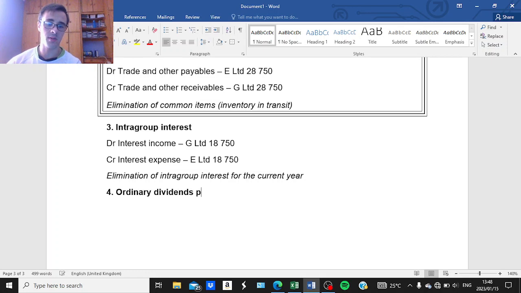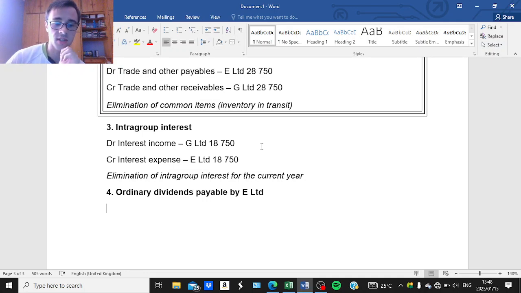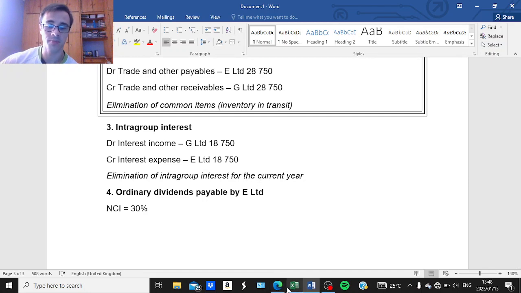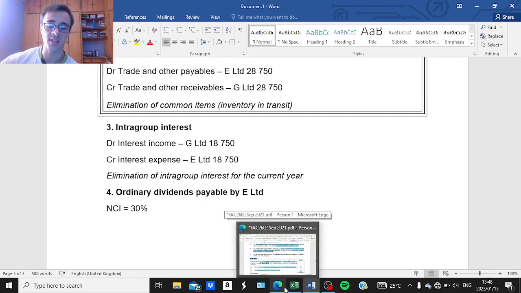Ordinary dividends payable by EconCals Limited. Okay, as I've said, neither of the two companies accounted for the dividend, so we only need to calculate and account for the dividend that is payable to non-controlling interests. We have already determined that the NCI has a 30% share in the ordinary share capital of the subsidiary, according to our analysis of owner's equity.